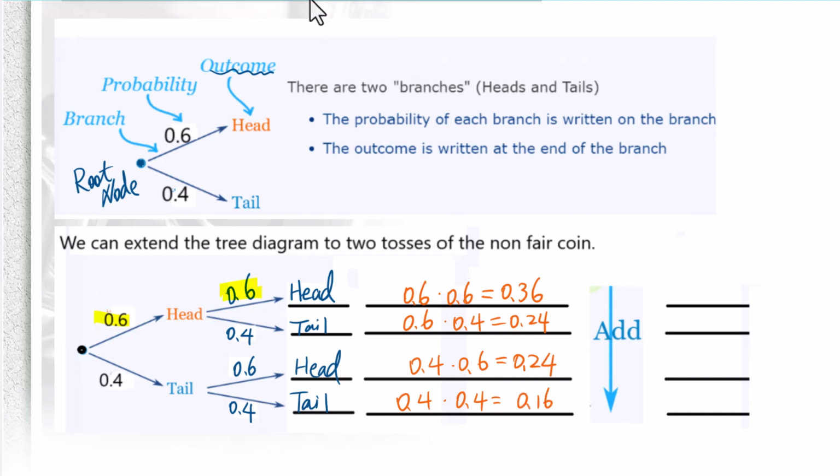Then we add all these numbers together, and we will get 1.